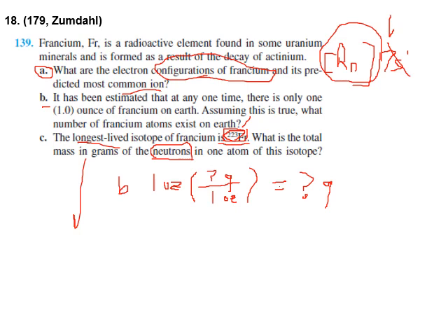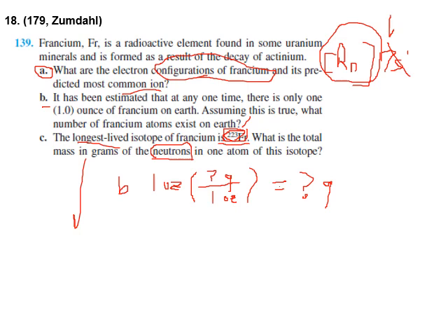But let's just round it off and say that it's about 150 neutrons in one atom of francium. Then those 150 neutrons, we're just going to say, would weigh approximately 150 atomic mass units. Just assume that one neutron weighs 150 atomic mass units, which we already said is not exactly right, because the atomic mass unit is kind of like an average mass between a neutron and a proton, but just for the sake of argument, just leave it like that.